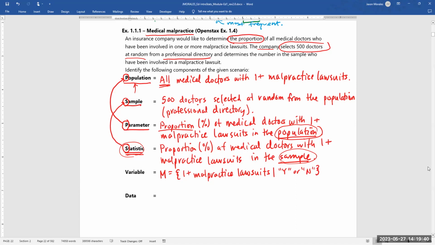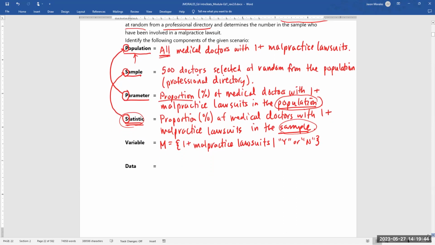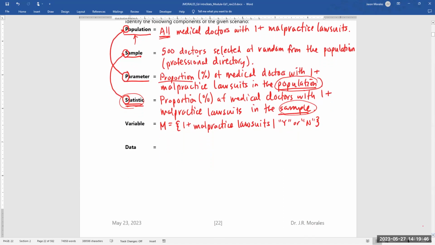So what will this data look like? Well, we're probably going to have at least two columns. One column would be doctor ID, so we'll have 1, 2, 3, on down to 499 and 500.